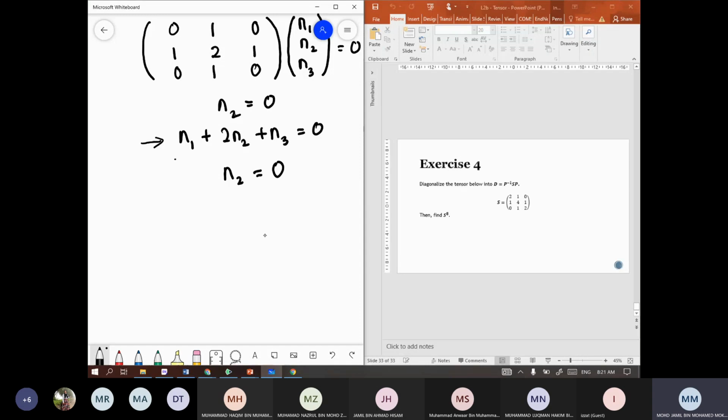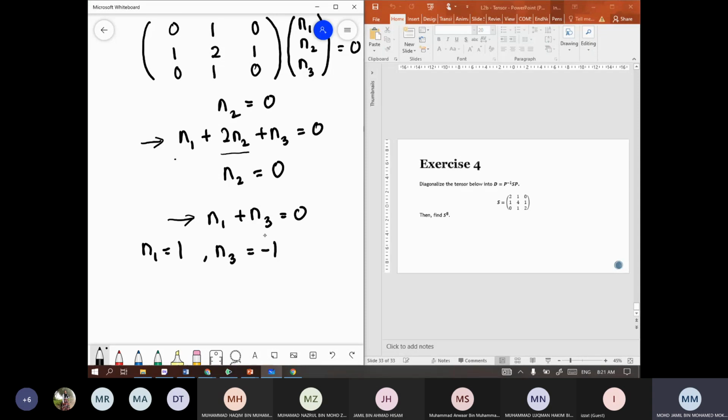So from the middle equation, we know that n2 equals 0, so we get n1 plus n3 equals 0. So you can choose any value of n1 or n3 to satisfy this equation. Okay, so I'm choosing the simplest one, so n1 equals 1, then n3 equals minus 1.